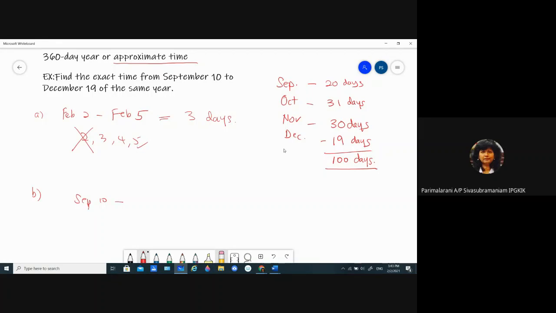So how many months are there from September 10 to December 10? 3 months, right? From December 10 to December 19, how many days are there? 9 days.